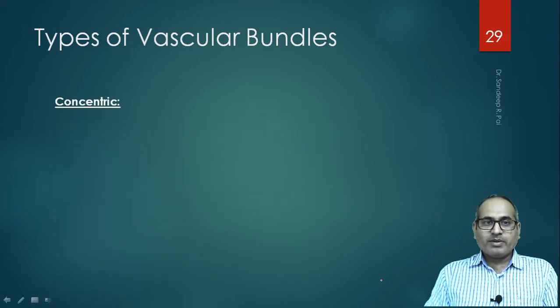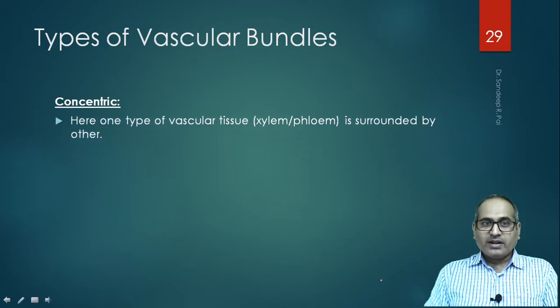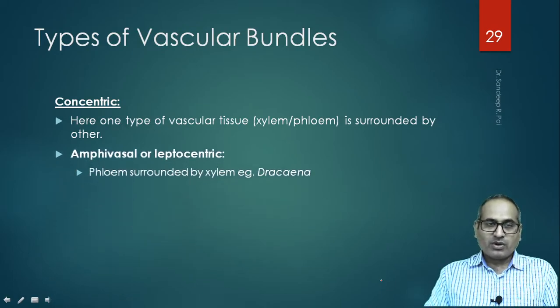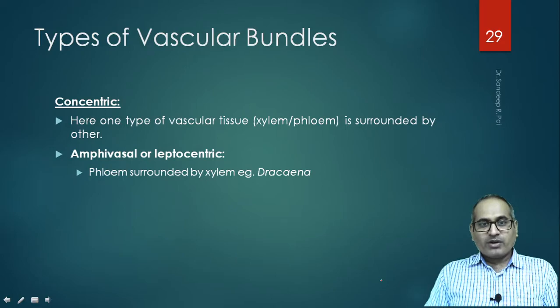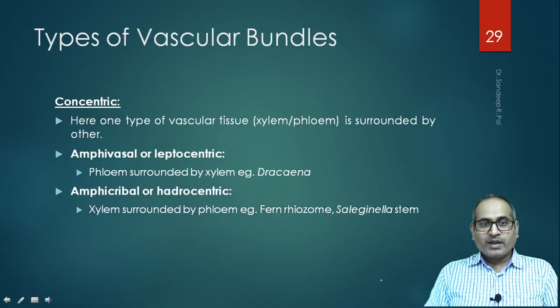The third type is concentric. Here, one type of vascular tissue, xylem or phloem, is surrounded by the other type. So, concentric, it forms a ring-like arrangement. Into concentric, there are two types, amphivasal or leptocentric: phloem surrounded by xylem. Example, Dracaena, this is a type of amphivasal or leptocentric type of vascular bundle.